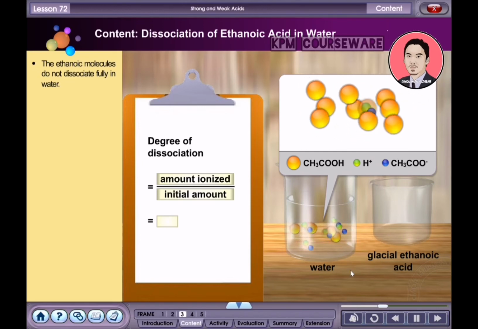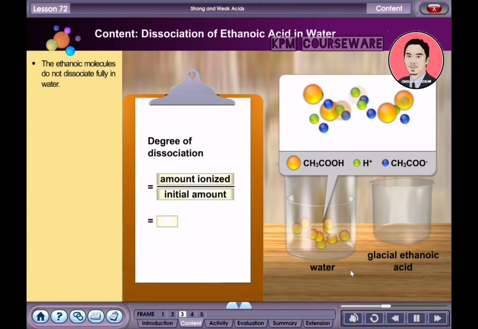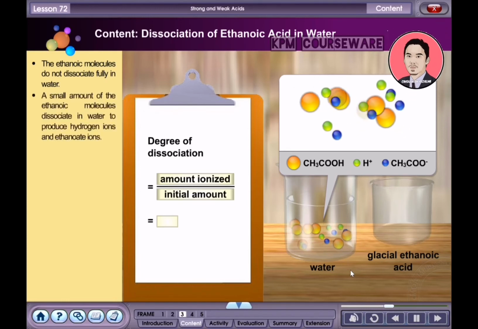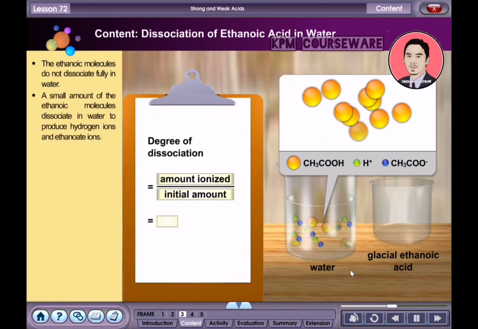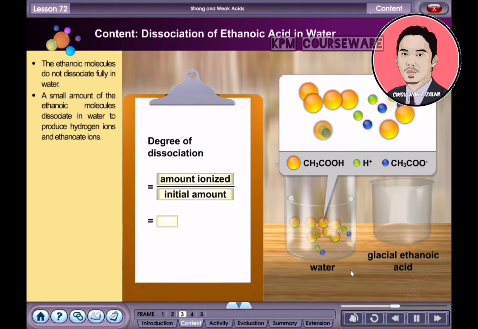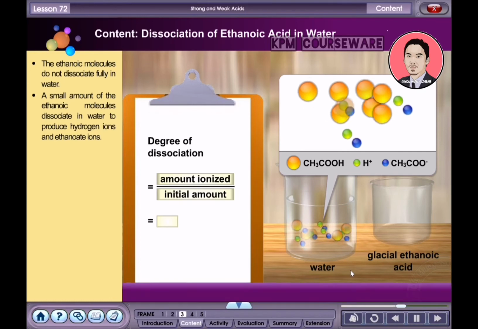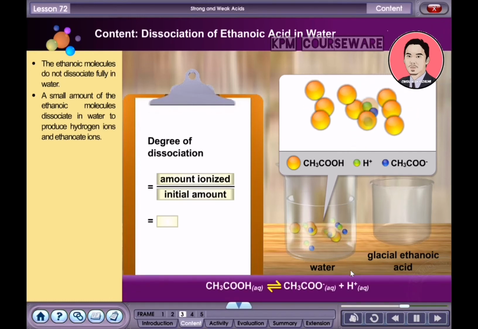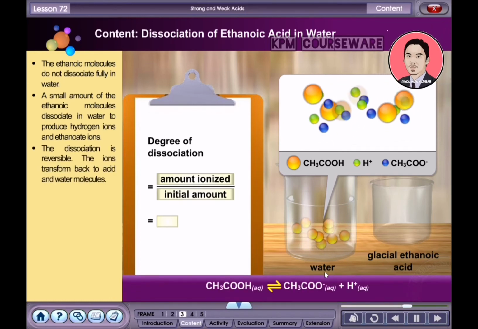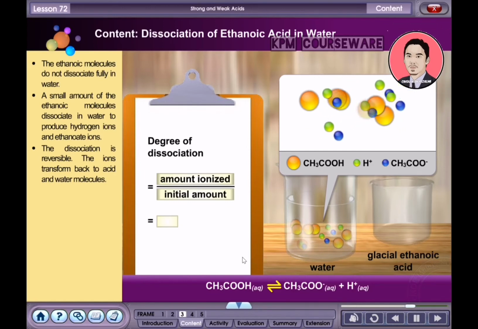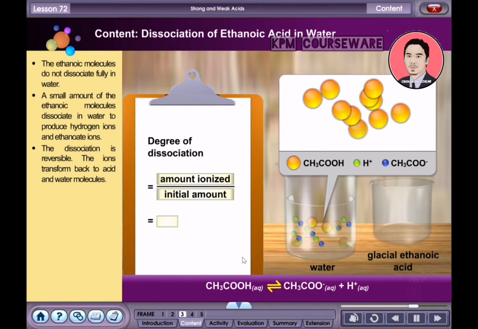The ethanoic acid molecules do not dissociate fully in water. A small amount of the ethanoic acid molecules dissociates in water to produce hydrogen ions and ethanoate ions. The dissociation is reversible. That is, the ions transform back to acid and water molecules.